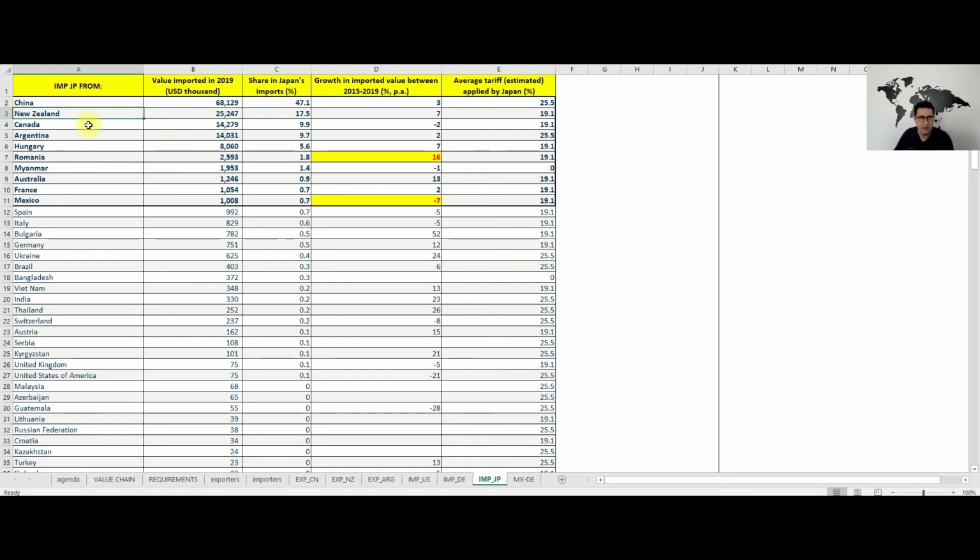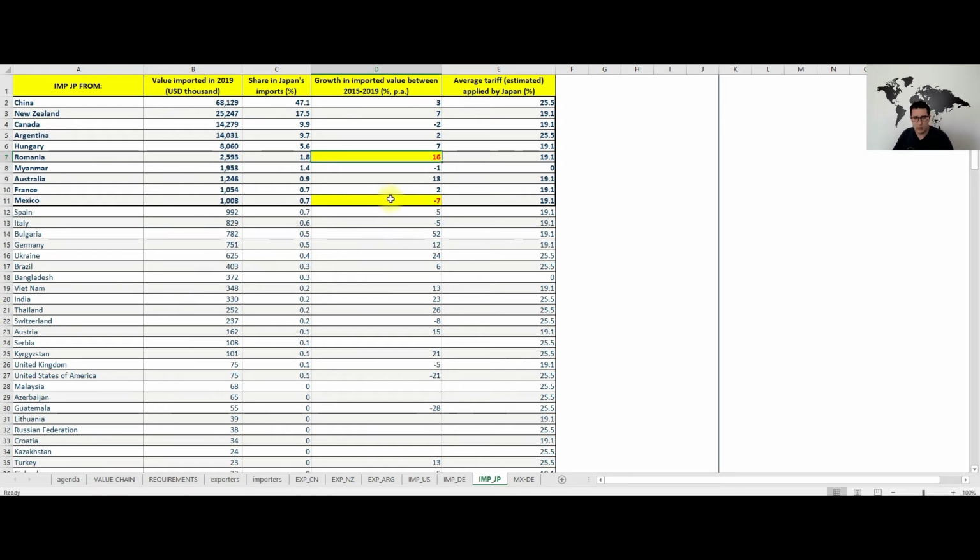Then we have New Zealand, Canada, Argentina, Hungary, Romania, Myanmar, Australia, France, and then Mexico. Here I'm very pleased to see that Romania had an average of 16% increase between 2015 and 2019, while Mexico had a 7% decrease during the same time frame.